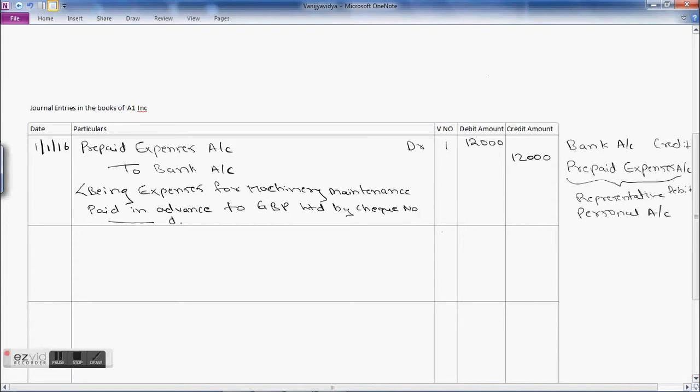You have to write a check number and then dated so and so. Okay, so this is how we pass the entry for the prepaid expense.